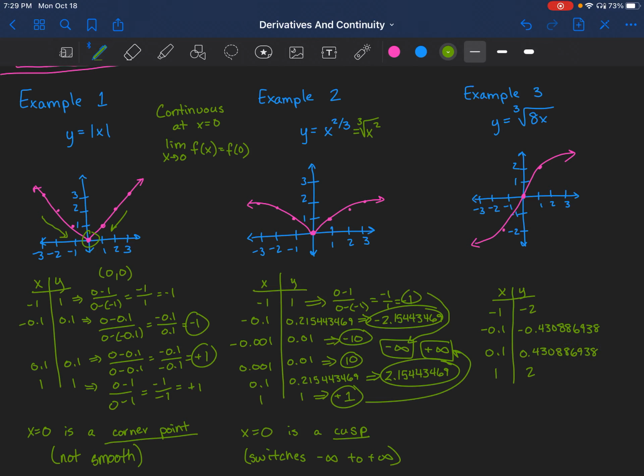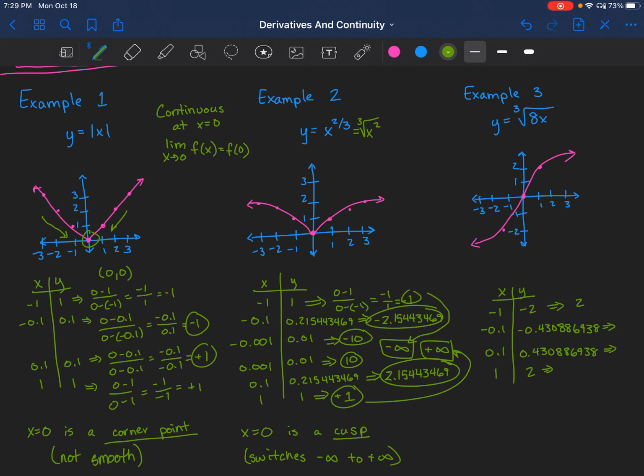All right, and what happens when I go to try to find slope here? If I do 0 minus negative 2 divided by 0 minus negative 1, we get a slope of 2. What happens if I do the other numbers?